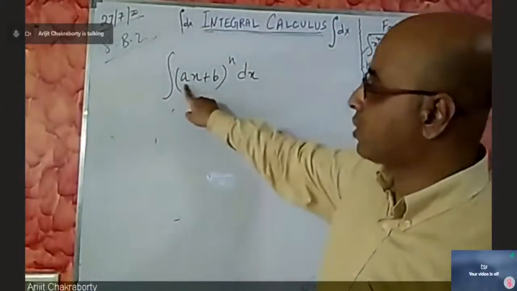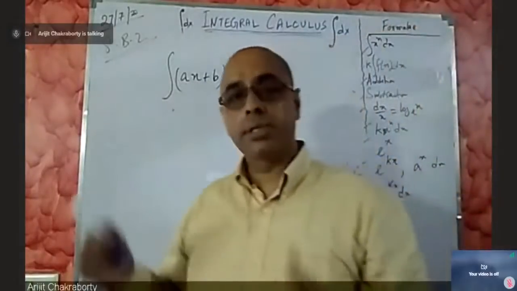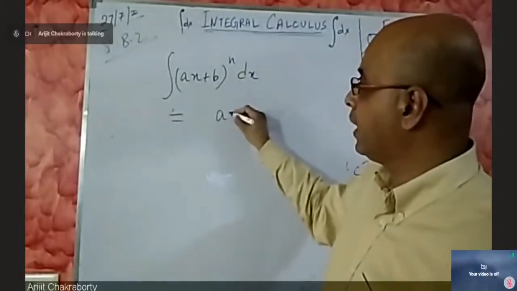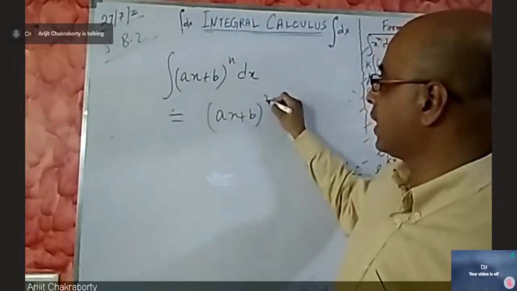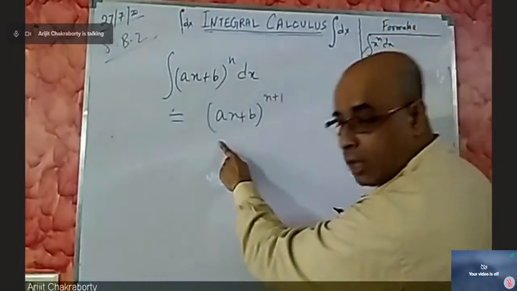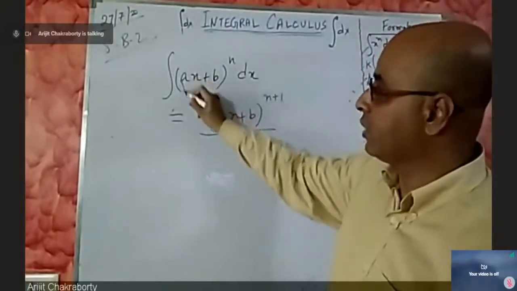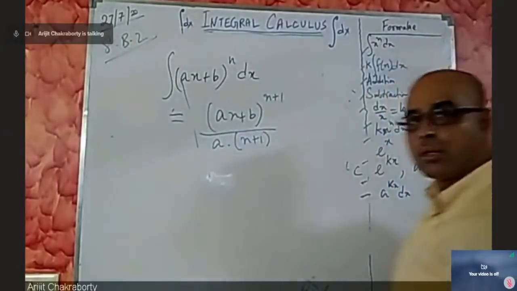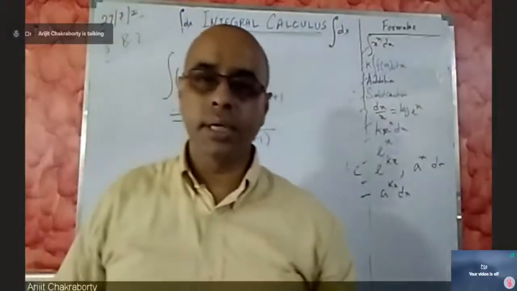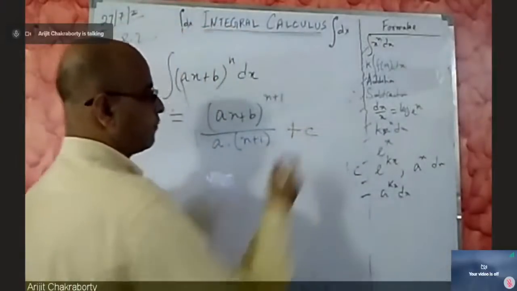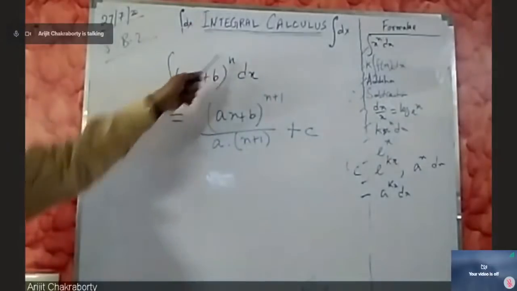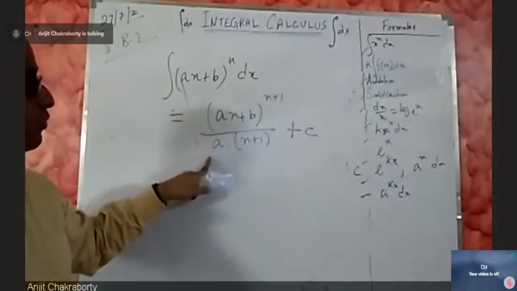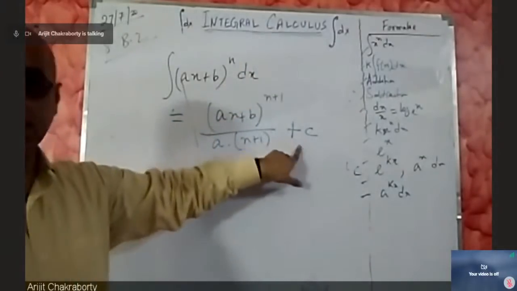So the solution to this will be, please note, it will remain (ax plus b) to the power n plus 1, but in the denominator this a will come, so a into n plus 1. Of course, we have to add the constant of integration, so plus c. So (ax plus b) to the power n dx gives us (ax plus b) to the power n plus 1 divided by a into n plus 1 plus c.